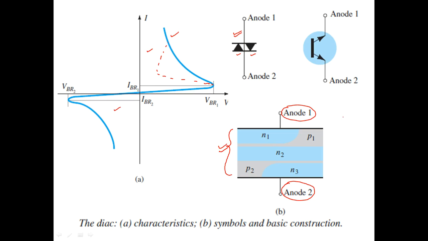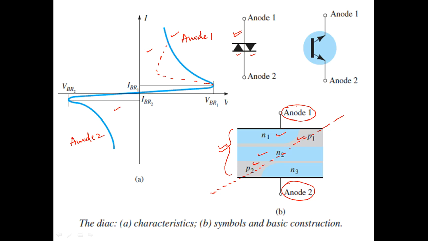What I'll be doing is I'll just cross mark it, so that I'll be getting two SCRs, right? Students, hope you can observe this. One structure is like this: P N P N. If I say this is anode 1 and anode 2, just observe.